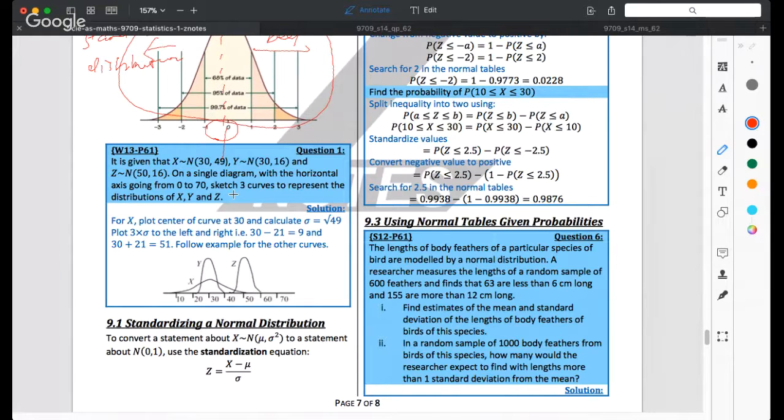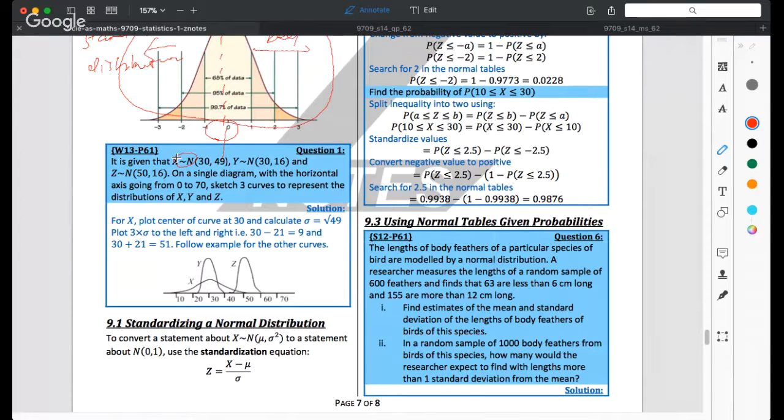So there are 3 different normal distributions. X follows N(30, 49), Y follows N(30, 16), and Z follows N(50, 16). So what do all these values mean? What are the meanings of these parameters?